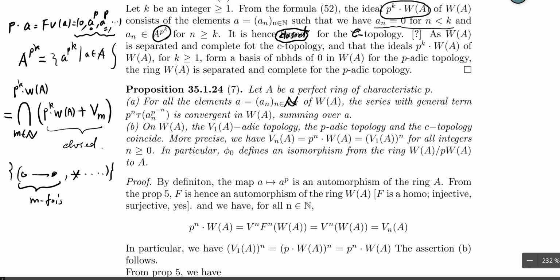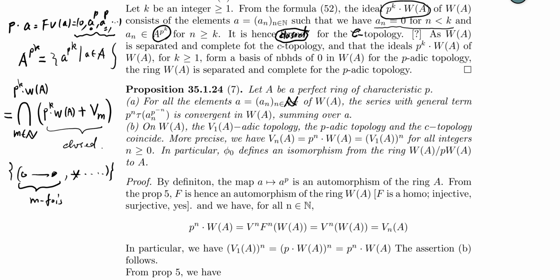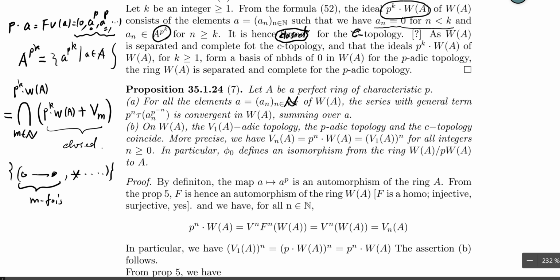This is V_m. These elements run over all the elements of A. Its complement is plus all the possibilities.